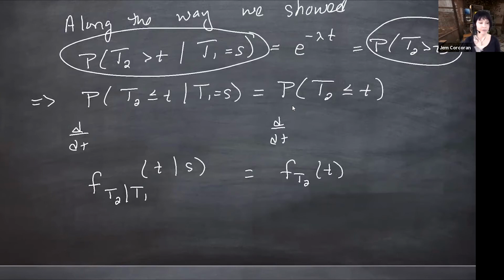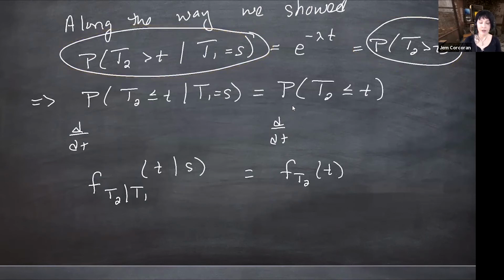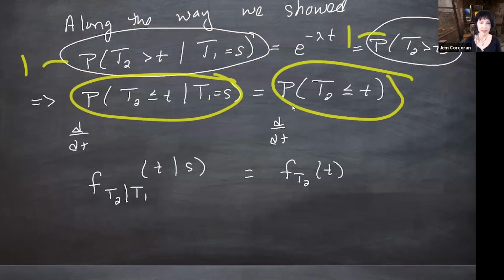I know I'm kind of extra sloppy today, and I'm just scrawling a lot of stuff. But what I'm trying to say right here is that if you know that this is equal to this, then you can do a 1 minus on both sides, and you get that this is equal to this.